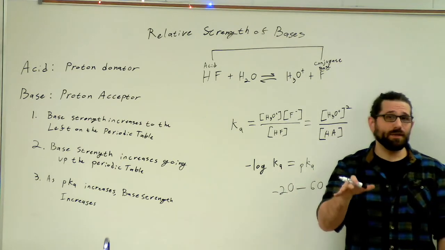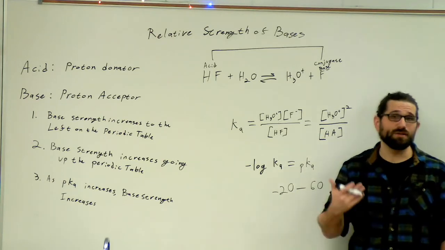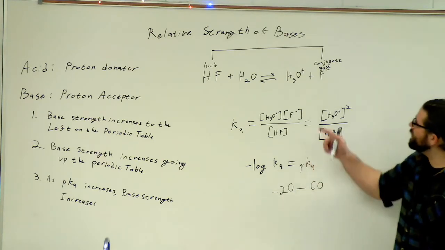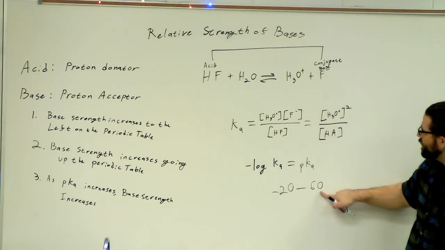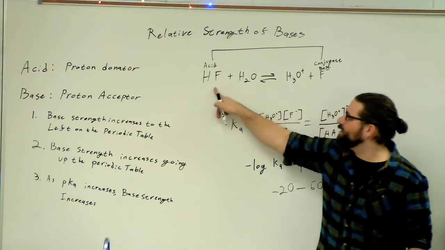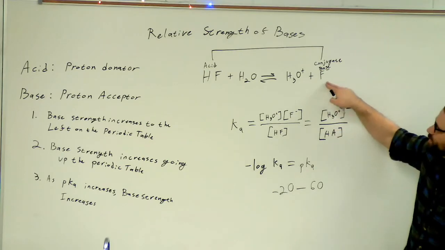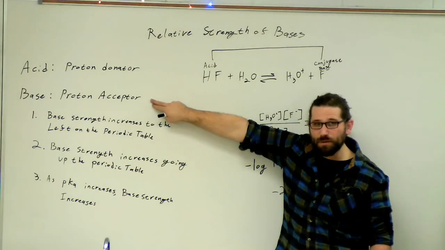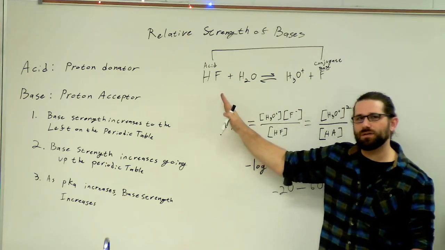So once we've got those values, we can use them to judge the relative strength of an acid or a base. Because each of these is going to form a conjugate base, the higher this number is, the more that conjugate base is going to push back into being an acid. The stronger that base is, the more readily it's going to accept a proton, the more it's going to push back to the left side of this reaction.